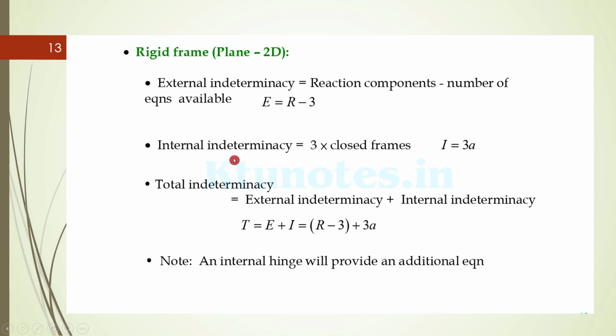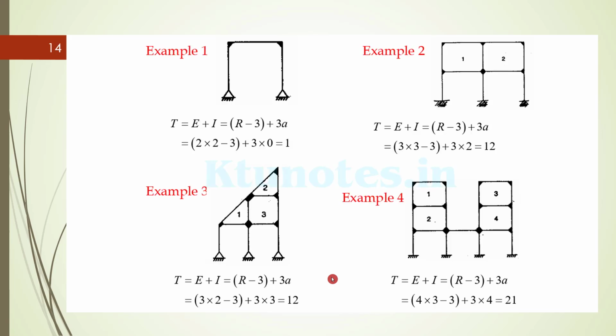The internal indeterminacy is equal to 3 into the number of closed frames. So the total will be external plus internal, r minus 3 plus 3a. Please note that an internal hinge will always provide an additional equation.